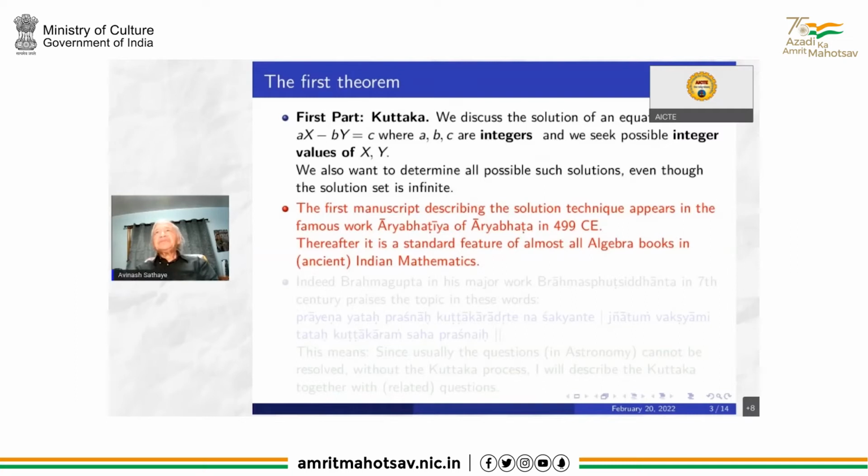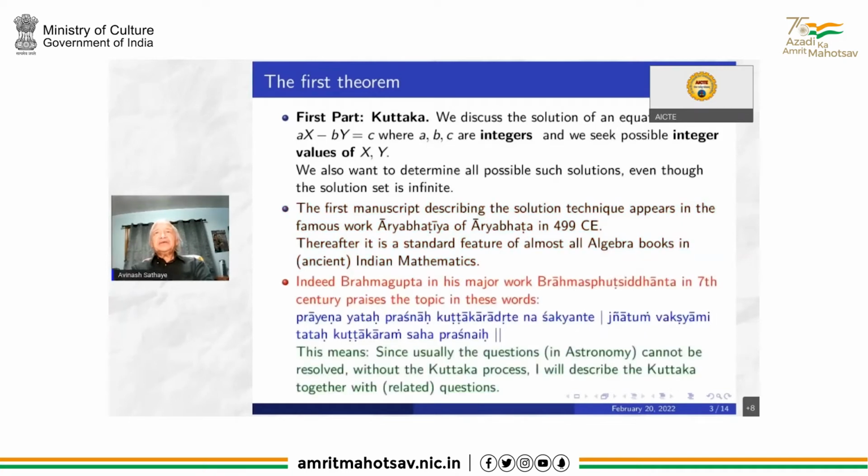The first manuscript describing the solution technique appears in the famous work Aryabhatiya of Aryabhata in 499 CE. Thereafter, it is a standard feature of almost all algebra books in ancient Indian mathematics. Indeed, Brahmagupta in his major work Brahmasphuta Siddhanta in the 7th century praises the topic in these words.